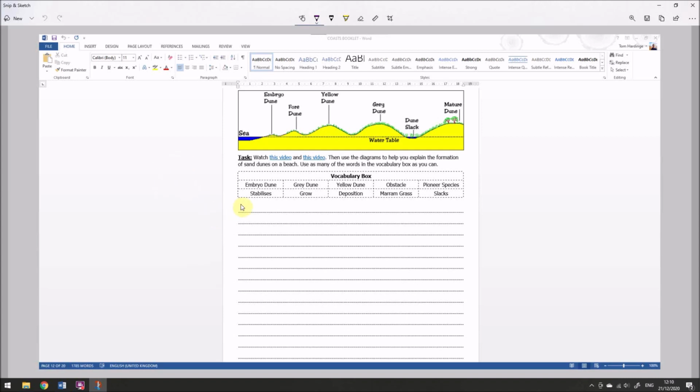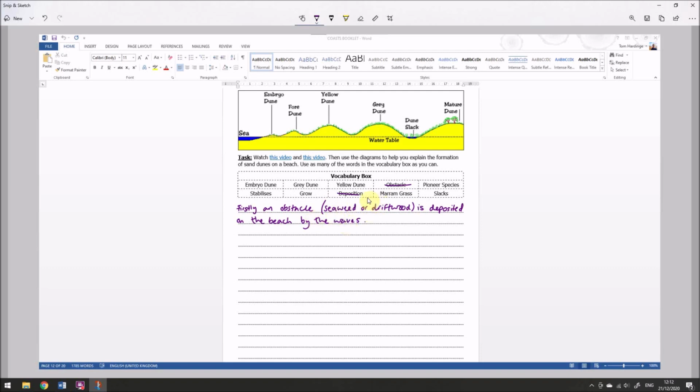Firstly, an obstacle, and that could be in the form of seaweed or driftwood, is deposited on the beach by the waves. Okay, so we can cross off obstacle and we can cross off deposition because we've used deposited here. We may come back and use that again though.